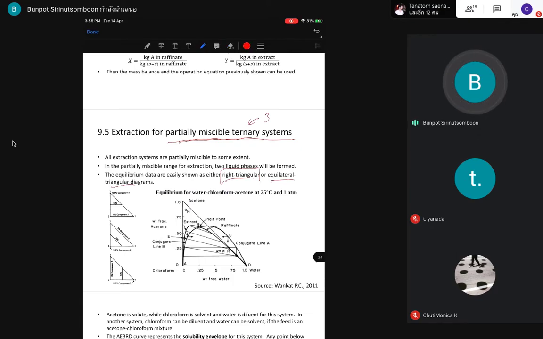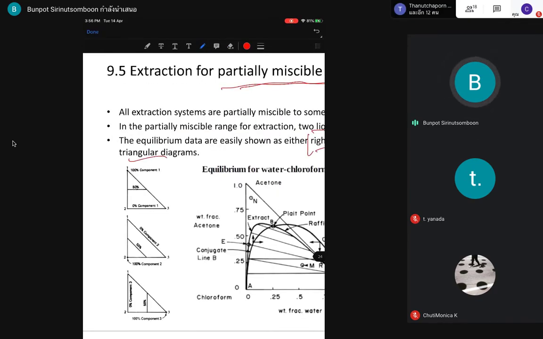So you have to be able to read the diagram. If you read in this direction, for component one, at this point it's going to be 0% component one, and 100% component one at the other end. Then when you read in this direction, it's for component two.